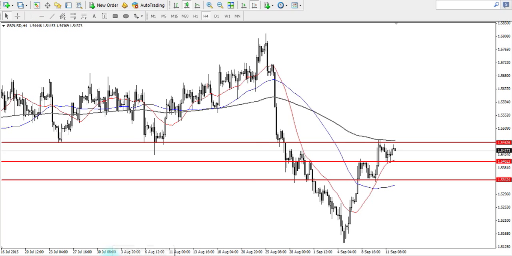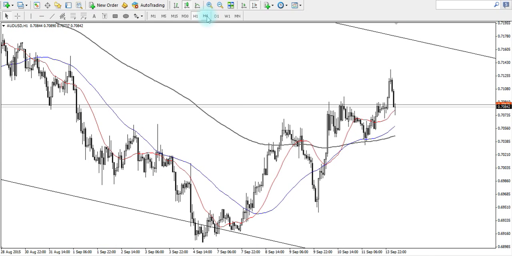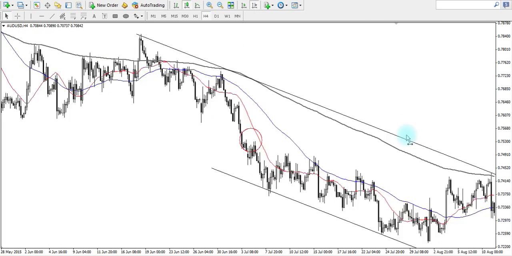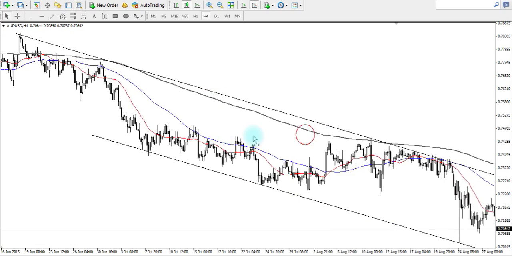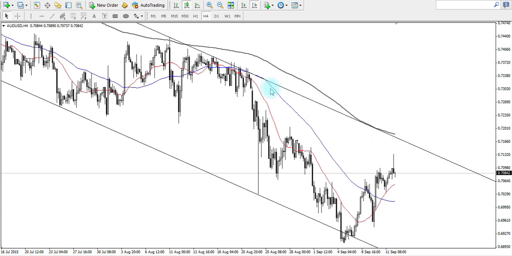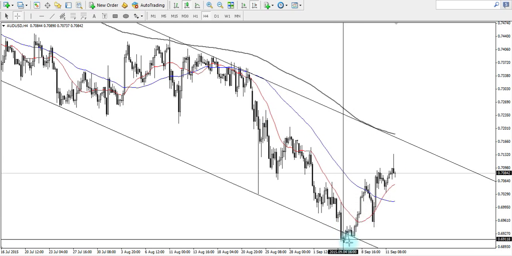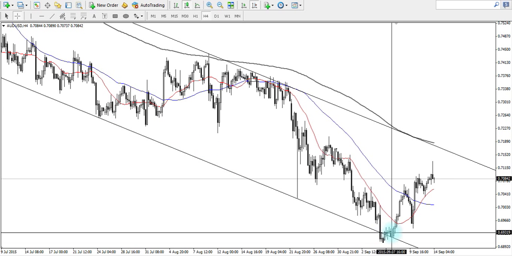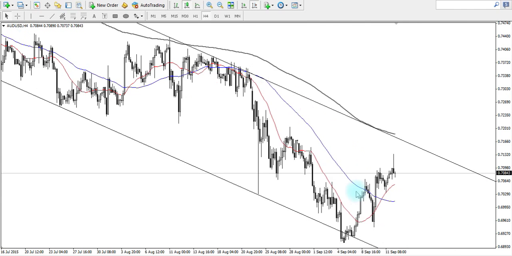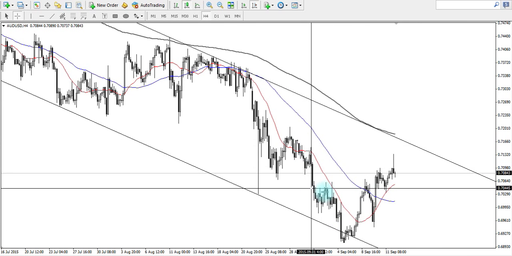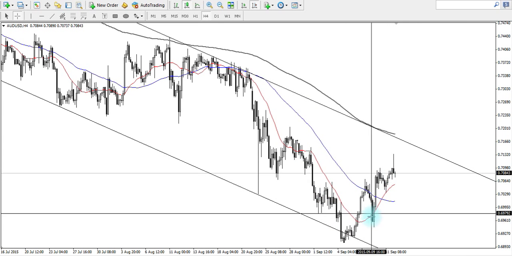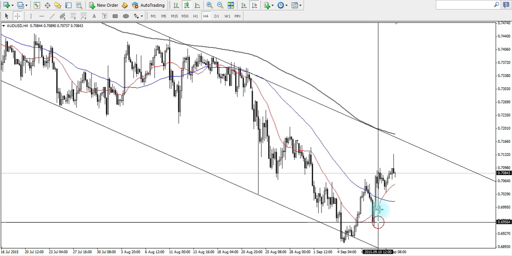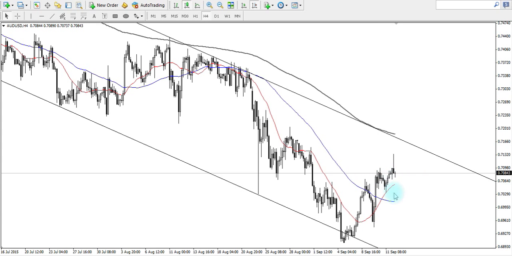Alright, and let's move on to the Aussie against the US dollar. This is the 4-hour chart. As you can see, I have plotted a falling trend channel, which price has actually broken below. But it did not carry on to fall further. In fact, it has retraced, and based on the structure right here, we did expect the price to appreciate further, which it has happened.